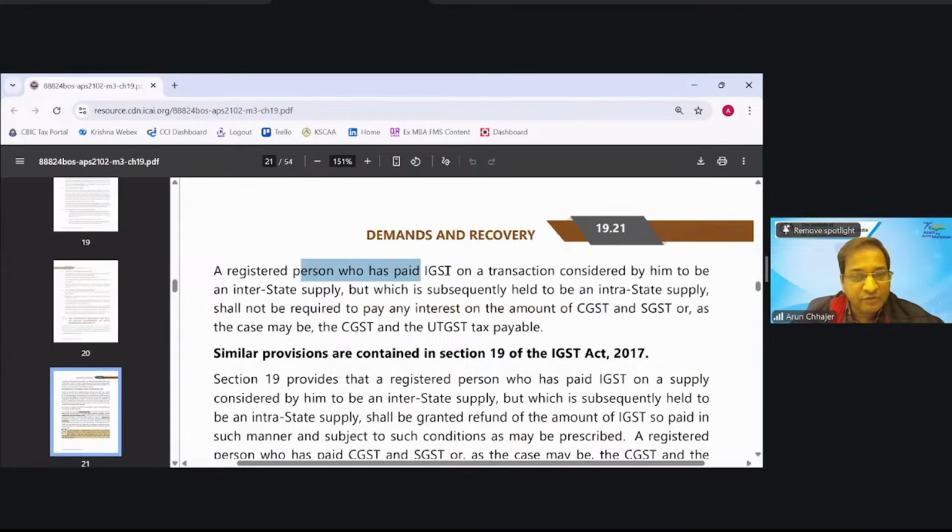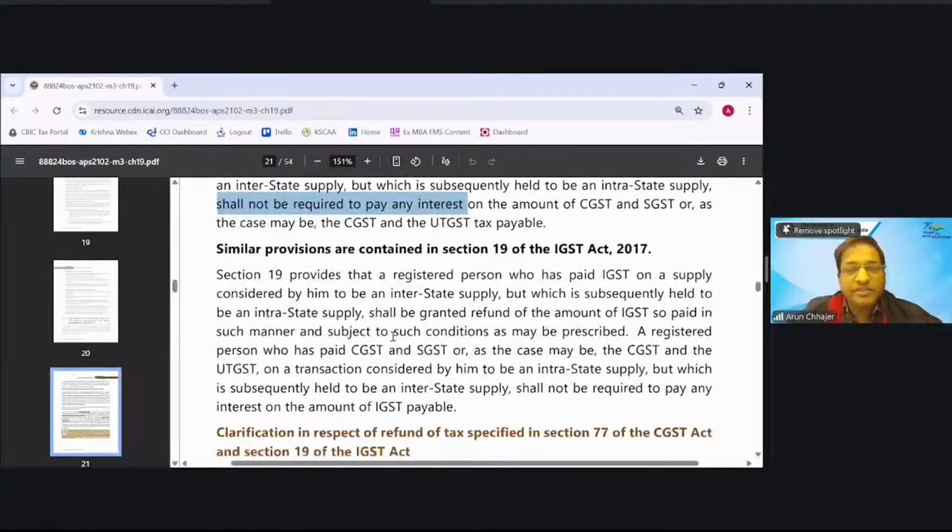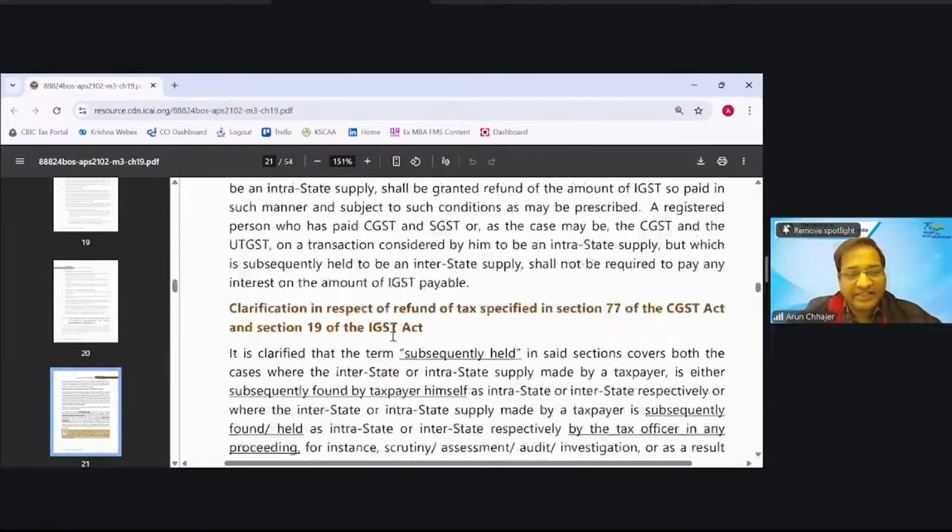A registered person who has paid IGST on the transaction considered by him to be inter but which is subsequently held to be intra shall not be required to pay interest on the amount of the C&S, or as the case may be C and UTGST. Similar provisions are contained in section 19.